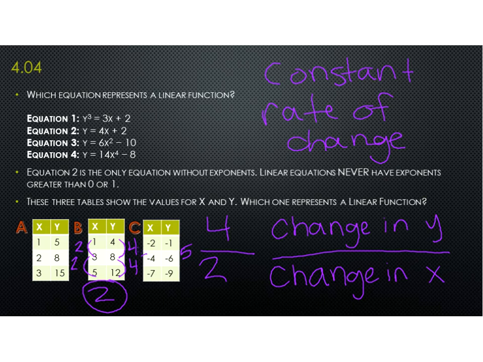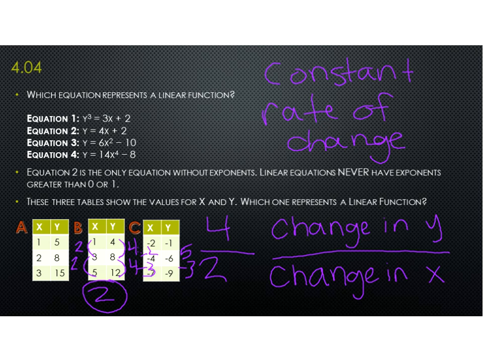It goes down by -2, so it decreases. 4 decreases to -7, that's a jump of -3. So because they are not the same, and they're not the same ratio, that doesn't work.